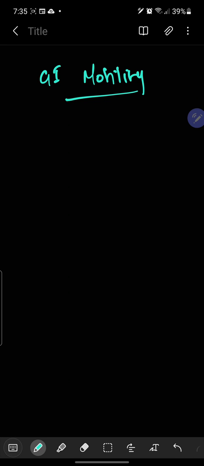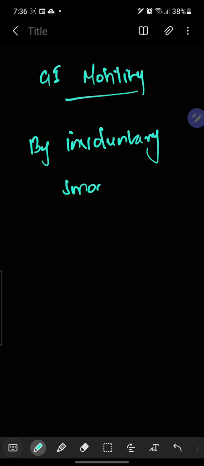GI motility means the movement of the GI tract by involuntary smooth muscles.